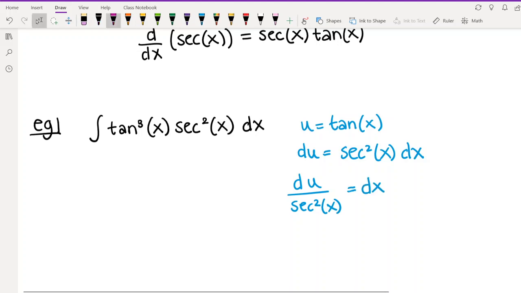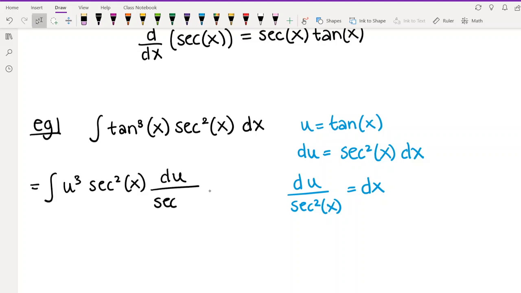For this one, you don't have to do anything with identities. You can just do a u substitution straight up. So we get u cubed times secant squared of x times du over secant squared of x, and you would just be left with the integral of u cubed, which you can take from there.